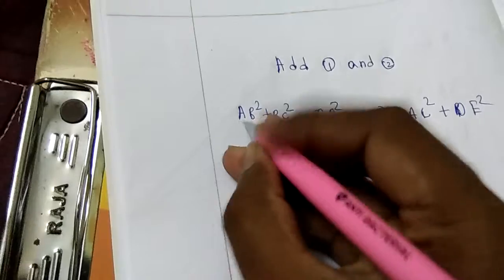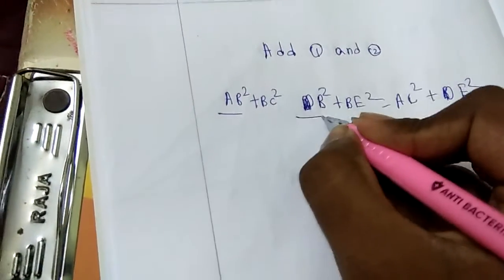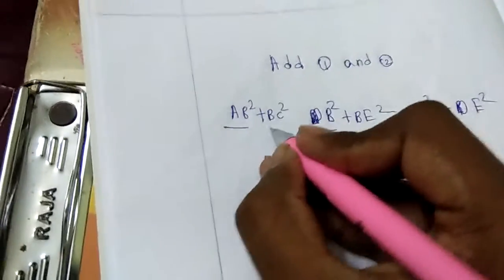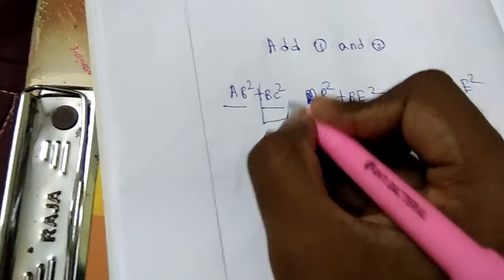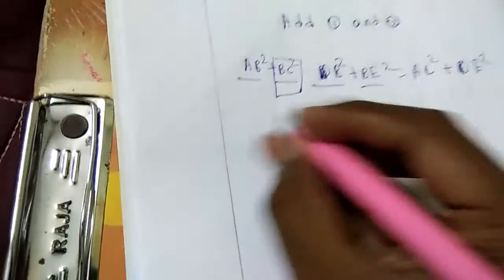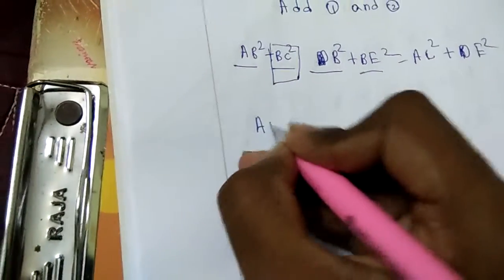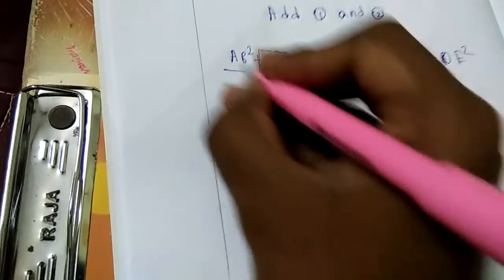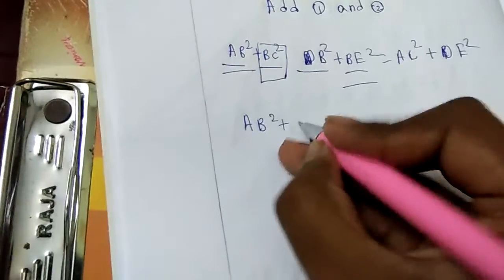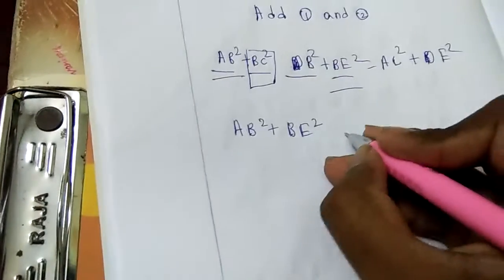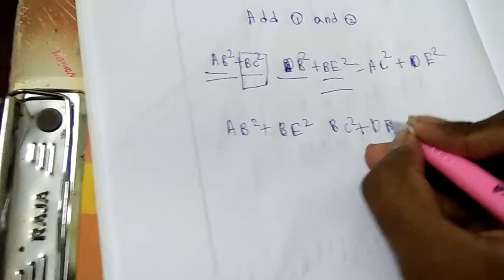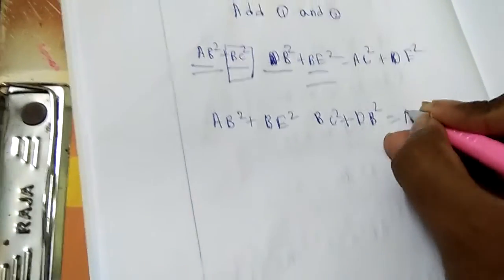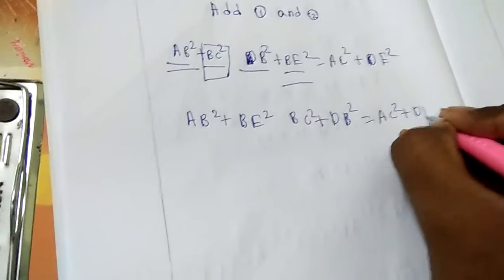So now take this one, write this one combination and this one combination. Write AB square plus BE square as a combination and BC square plus DB square as a combination is equal to AC square plus DE square.